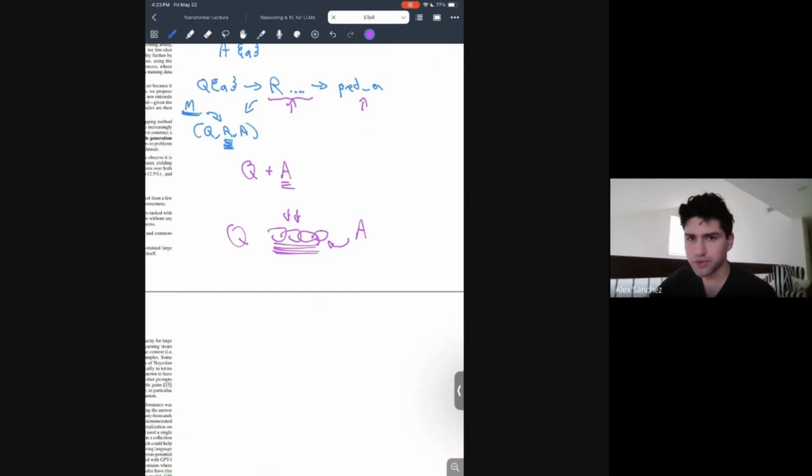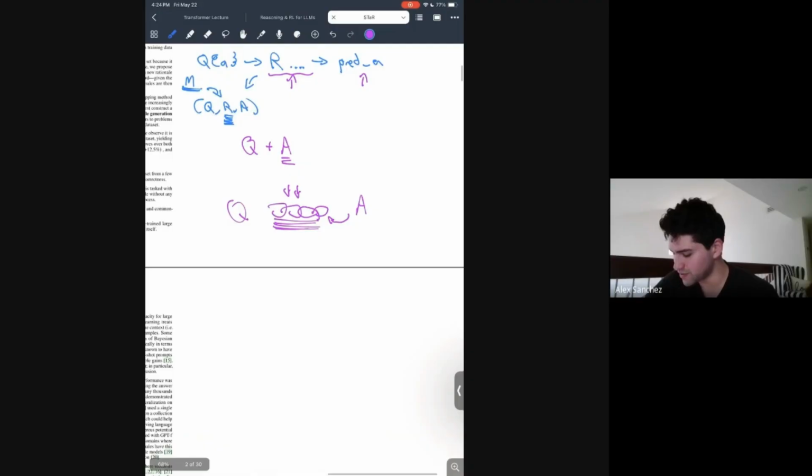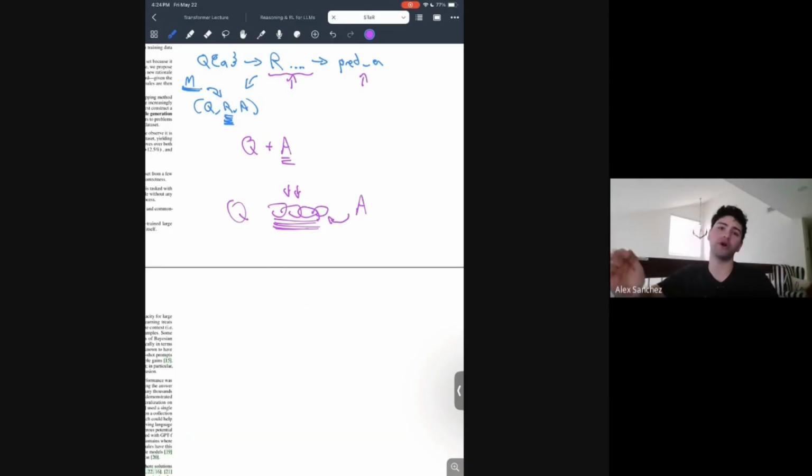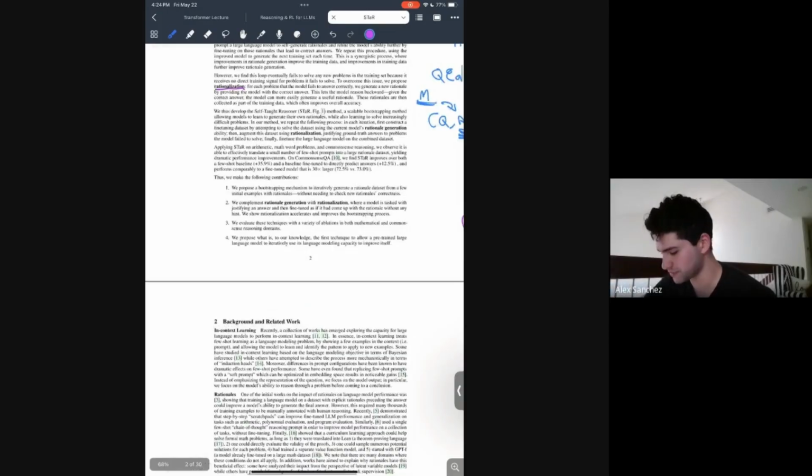Every time we fine-tune the model, even for the questions that it originally got wrong, we supply a reasoning trace that results in the correct answer anyway. So this is a very efficient way to expand the dataset from its original question-answer state to this question-rationale-answer state that we can fine-tune a model on and then induce reasoning.